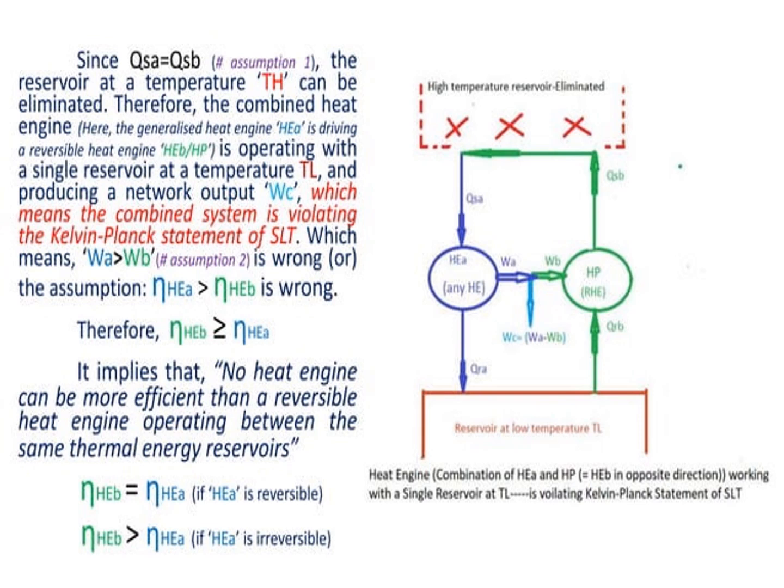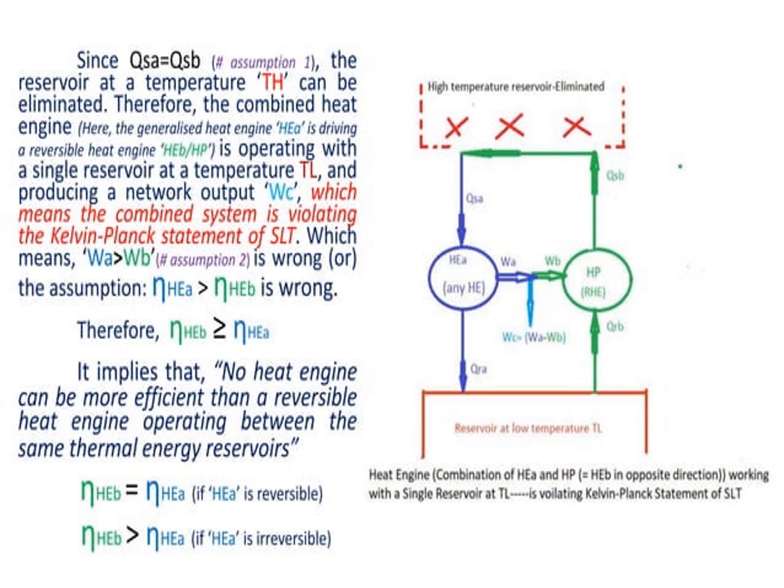So the combined heat engine is operating with a single reservoir, the low temperature reservoir, and producing a net work output, that is WC, which means the combined system is violating the Kelvin-Planck statement. So the assumption that WA is greater than WB, or that the efficiency of heat engine A is greater than the efficiency of heat engine B, is wrong.